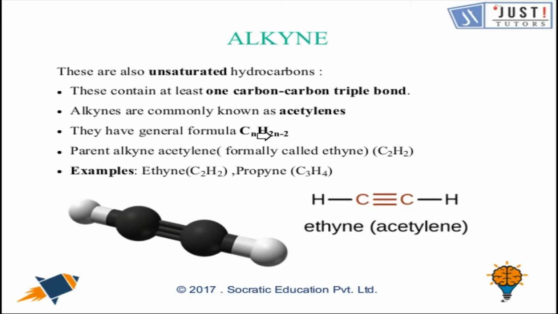The number of hydrogen atoms would be 2 times 2, which is 4, take away 2, which is 2. So we have C2H2. We can call it ethyne. If we have 3 carbon atoms, then it would be C3H4. We can call it propyne. So this is all about alkynes.